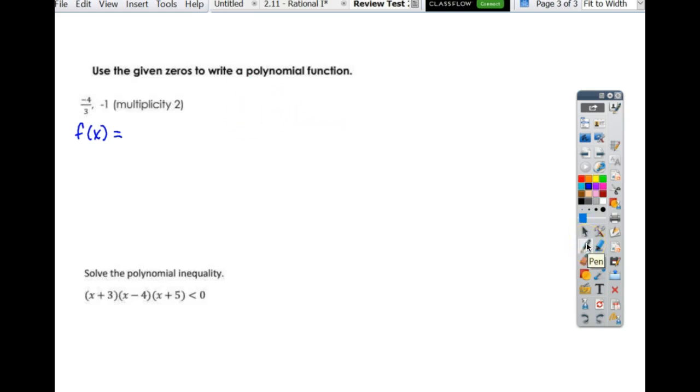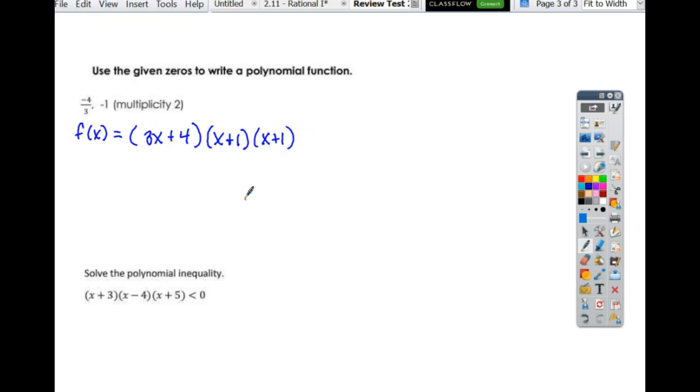So if I have the negative 4/3, to get the linear factor, I will get 3x plus 4. So if this was set equal to 0, I'd have negative 4 divided by 3. And then I have a negative 1, so that linear factor is x plus 1, because it's the opposite sign. It's always the opposite. And this is a multiplicity of 2, so I have 2 of these.